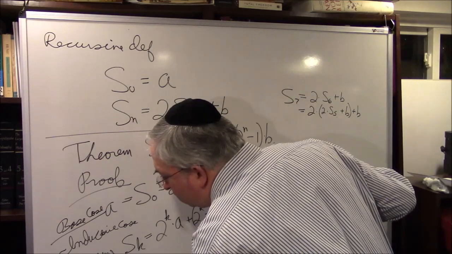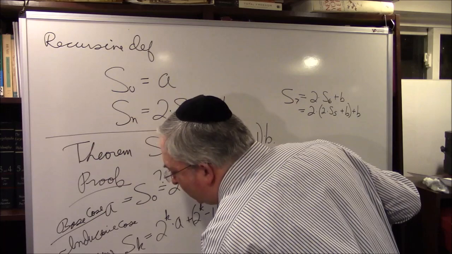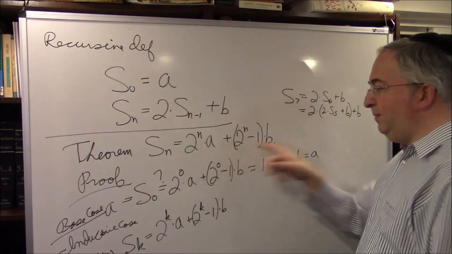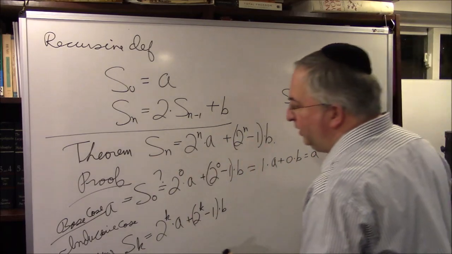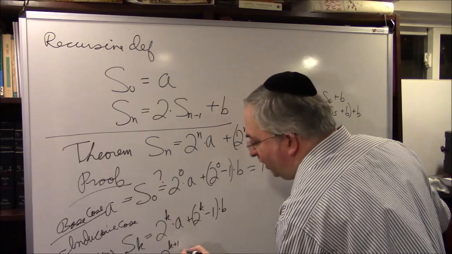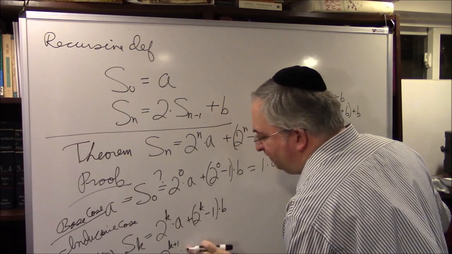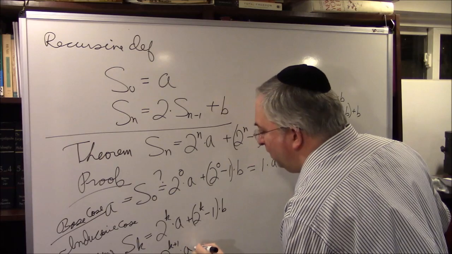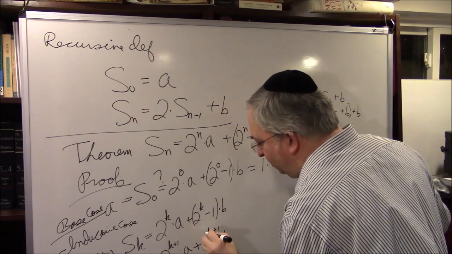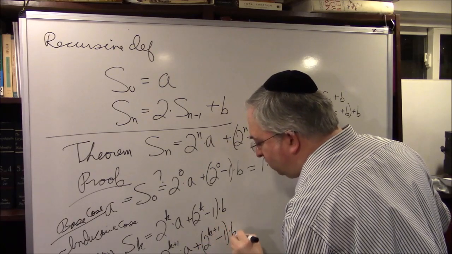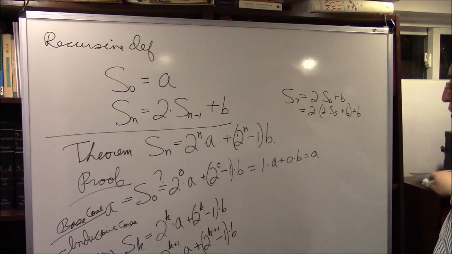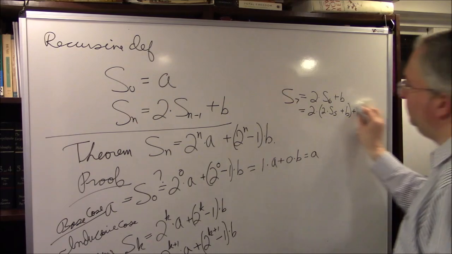To show S of k plus 1. This is my cheat sheet, so I plug in k plus 1 over here. It equals 2 to the k plus 1 times A plus 2 to the k plus 1 minus 1 times B. Okay, that's what we want to show. That's our cheat sheet. Great, let's do it.